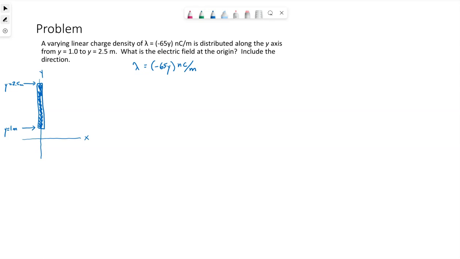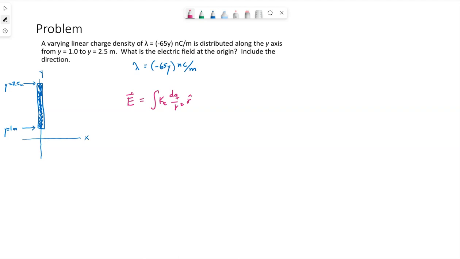Line of charge. We know we can treat this as a bunch of charges, because that's what it is. It's a whole bunch of little pieces of point charge. And so each piece of charge will be creating its own electric field at the origin. So we will need to integrate. We need to add up the electric field due to each piece of charge.